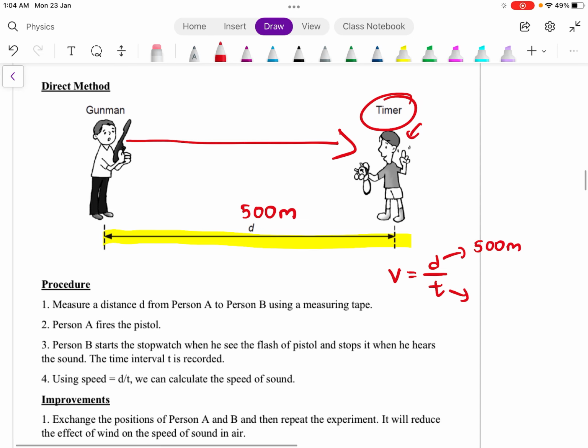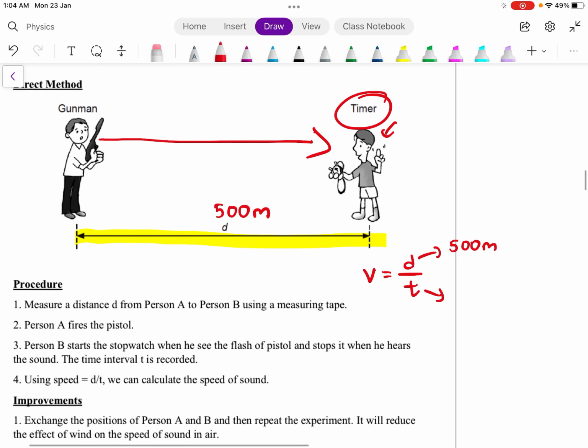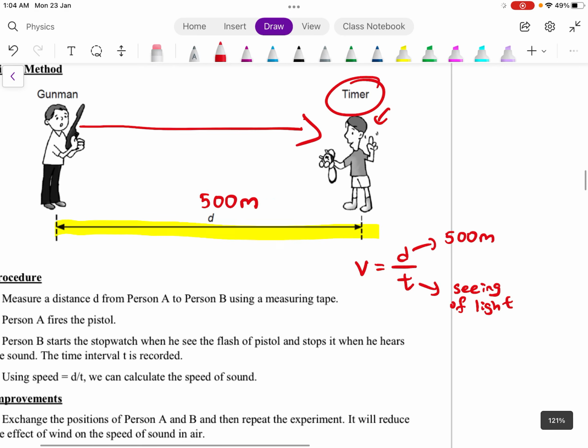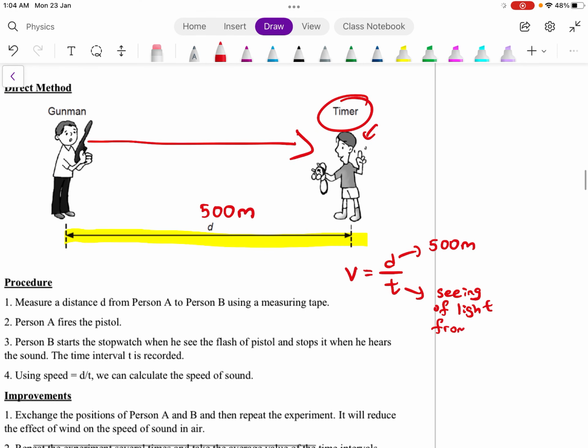The time is between the seeing of light from the gun and the hearing of the gunshot. So that is the time that we are talking about, right? So that is how you calculate the speed of sound using the direct method.